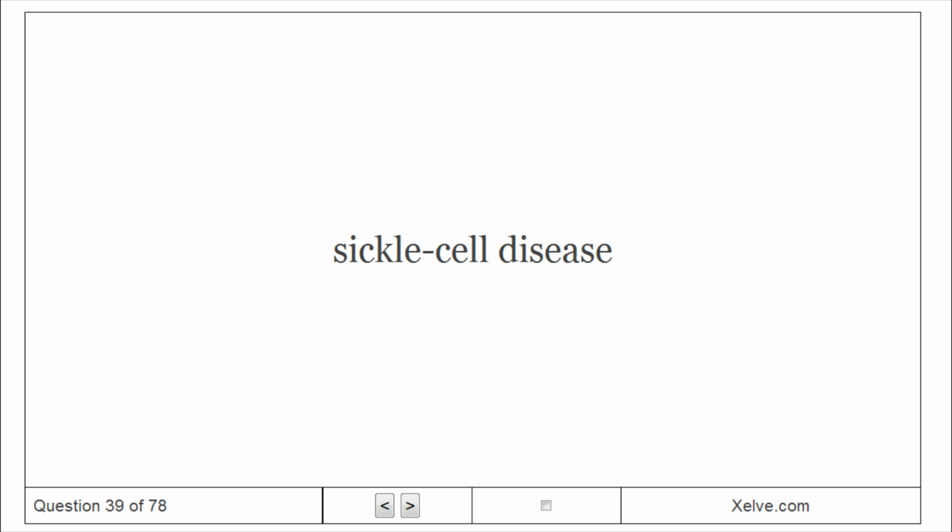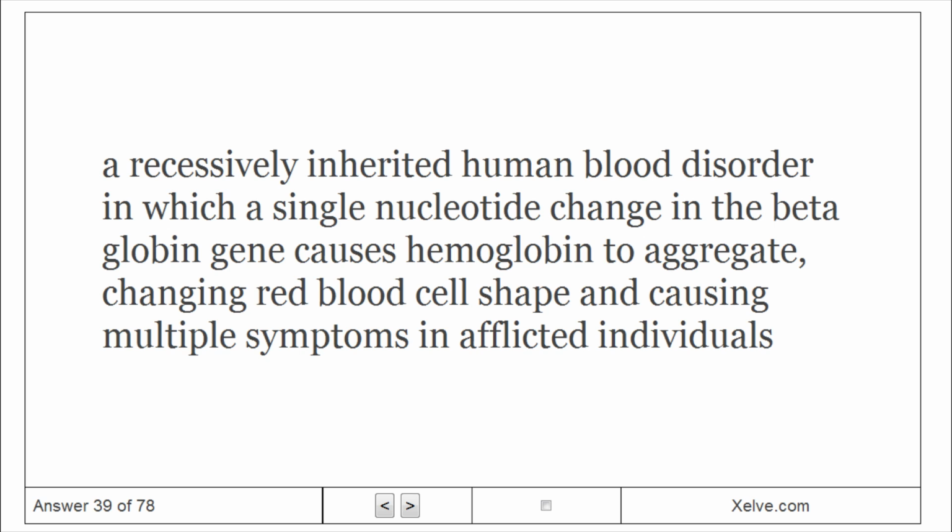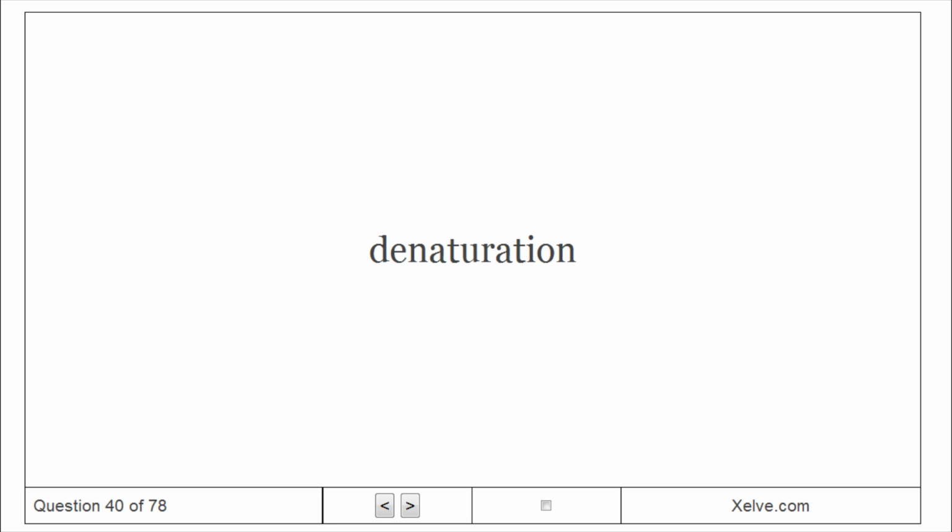Sickle-cell disease. A recessively inherited human blood disorder in which a single nucleotide change in the beta-globin gene causes hemoglobin to aggregate, changing red blood cell shape and causing multiple symptoms in afflicted individuals. Denaturation.